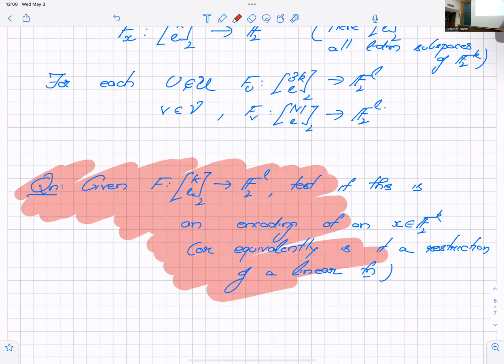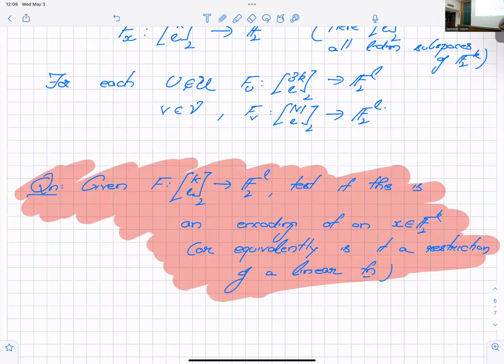What we are now given is, for every L-dimensional subspace, a linear function. What we want to ask is, do these all group together to form a single linear function over the entire k-dimensional space? This is a robust test, and we now have to come up with a test for this.